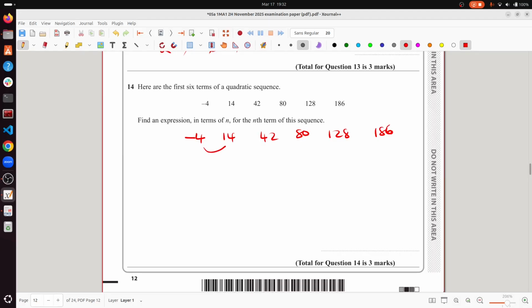We need to add 18 to that, so that's 28, 38, a common difference, 48, and we can now see the pattern, that is 58. That's going up in 10, 10, 10, 10.